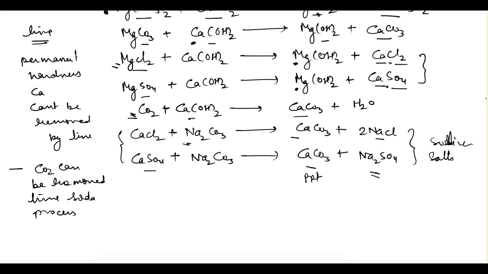Apart from that, most of the CaCO3 and magnesium hydroxide gets sedimented, but some of these particles, because of their fine size, may not get sedimented. If they stay in the water and we send the water for filtration, they will get stuck there, and what does it do?